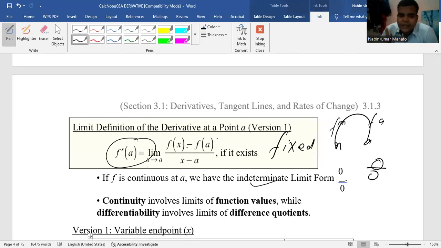If f is continuous at a, the function value keeps going up toward it. Continuity involves limits of function values, while differentiability involves limits of difference quotients.